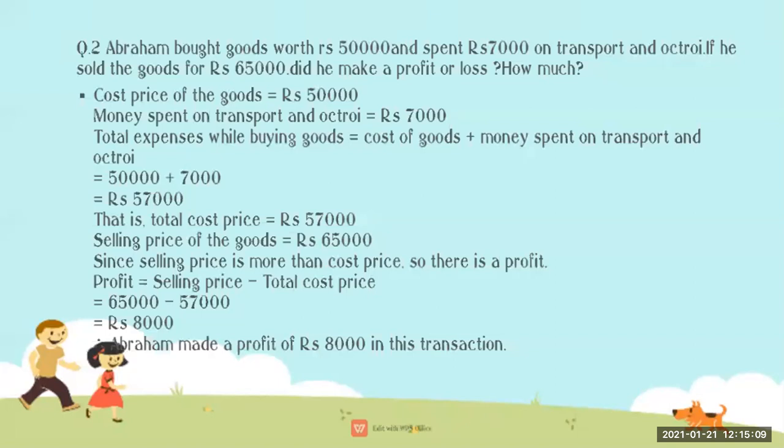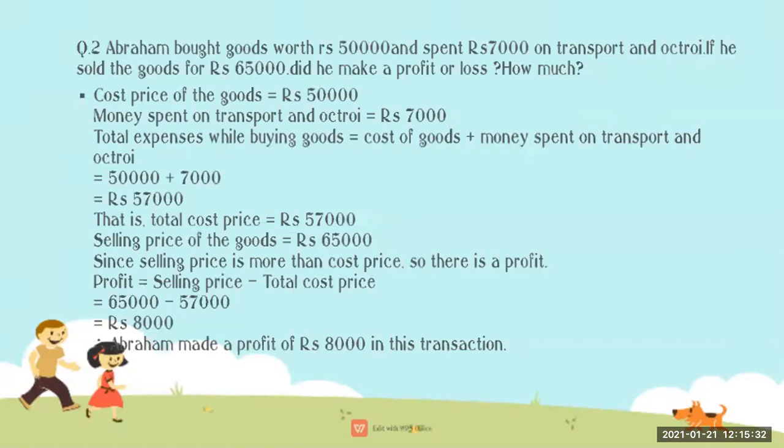Question number 2. Abraham bought goods worth rupees 50,000 and spent rupees 7,000 on transport and octroi. If he sold the goods for rupees 65,000, did he make a profit or loss? How much?